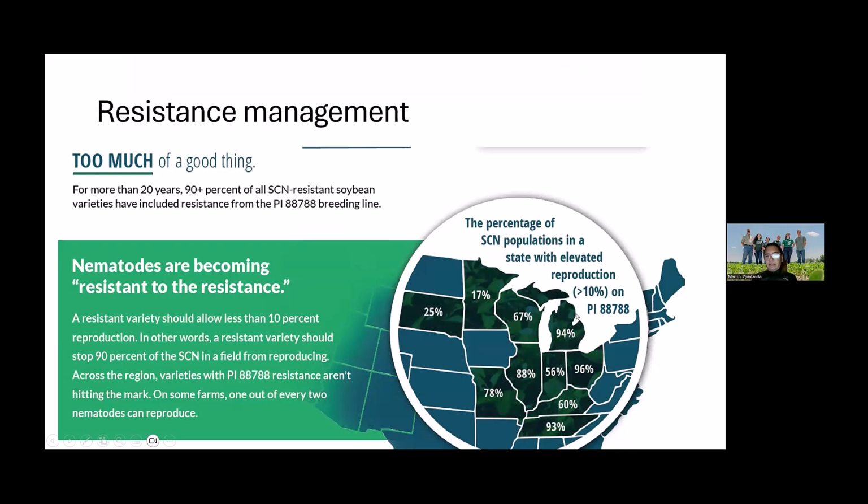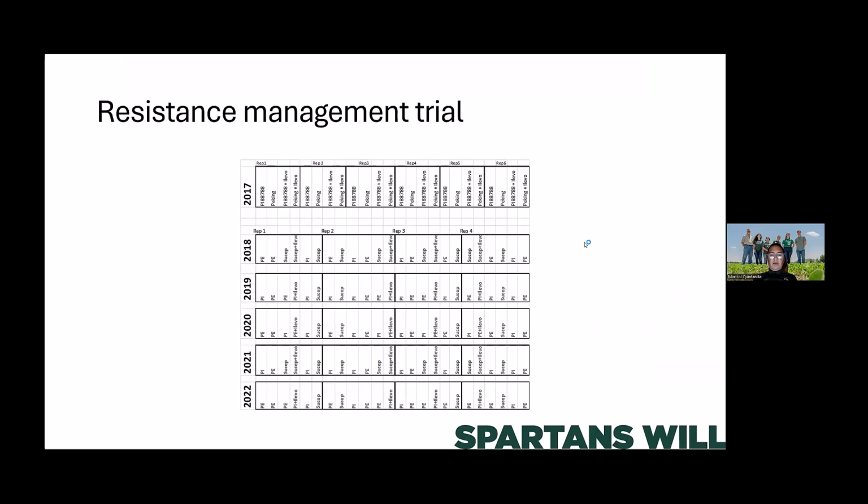Most soybean cyst nematodes found in Michigan, 94%, can already successfully reproduce on the most common source of resistance, PI 88788. We did a trial in which we rotated Peking, another common source of resistance, the second most common, back to back, and PI 88788 back to back, and then rotated them.